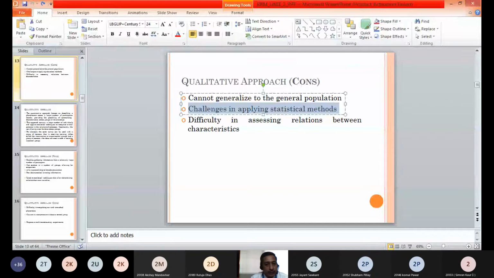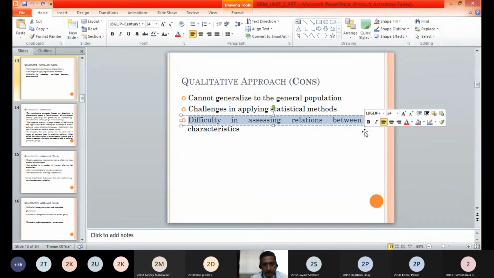And for this data, it is very difficult to apply any statistical method. So the analysis is a challenging part in qualitative approach. And the third limitation is difficulty in assessing relations between characteristics. So understanding the different relationships between different variables or different characteristics becomes difficult in case of qualitative data.